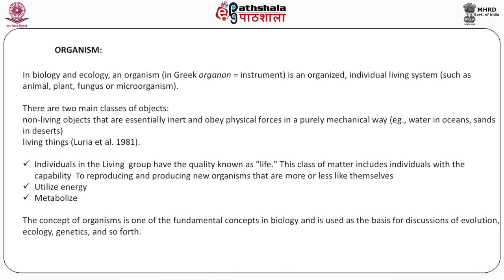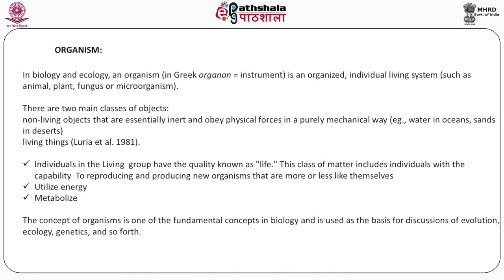There are two main classes of objects: non-living objects that are essentially inert and obey physical forces in a purely mechanical way, for example water in the ocean or sand in the desert, and then the living things. Individuals in the living group have the quality known as life.